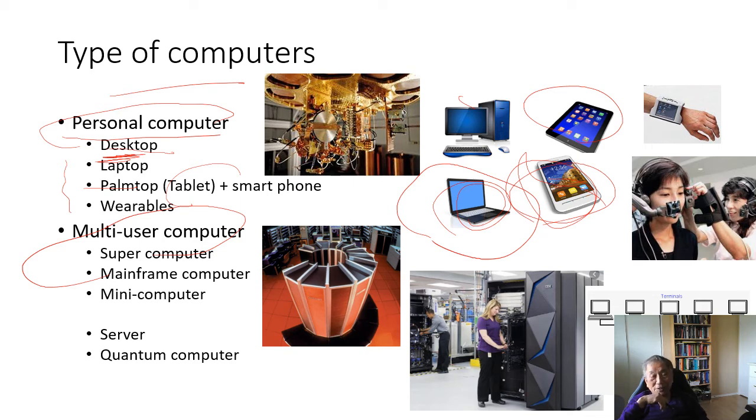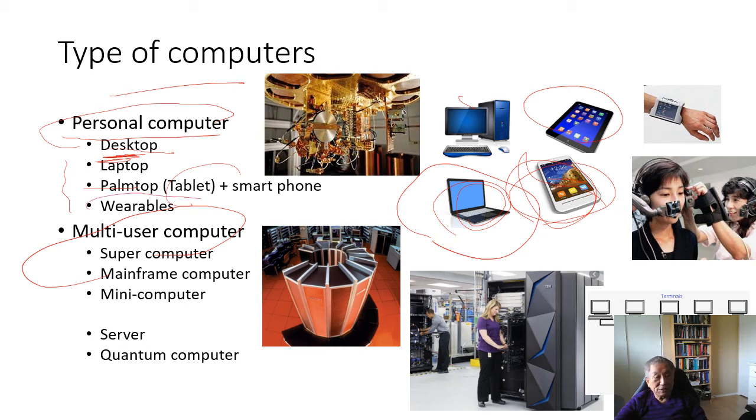A smartphone is a computer, and believe me, the smartphone you have, even if it's not the newest model, like the Android or the iPhone 3 or 4, is a much more powerful computer, maybe 1,000 times more powerful than the big computers that existed in the 1970s or 80s.